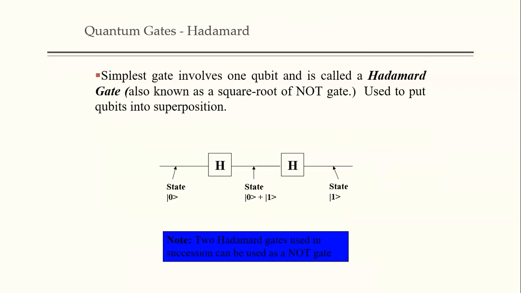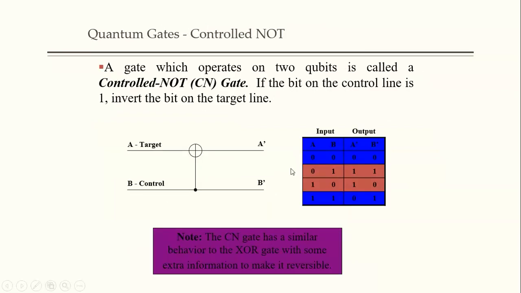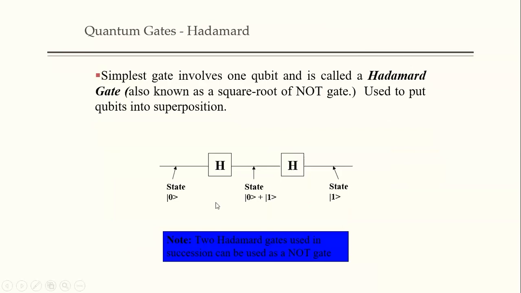See here, this is the Hadamard gate, here one H, here one H, which is the state 0 and this is the state 1. This state is 0 plus 1. Two Hadamard gates used in succession can be used as a NOT gate.